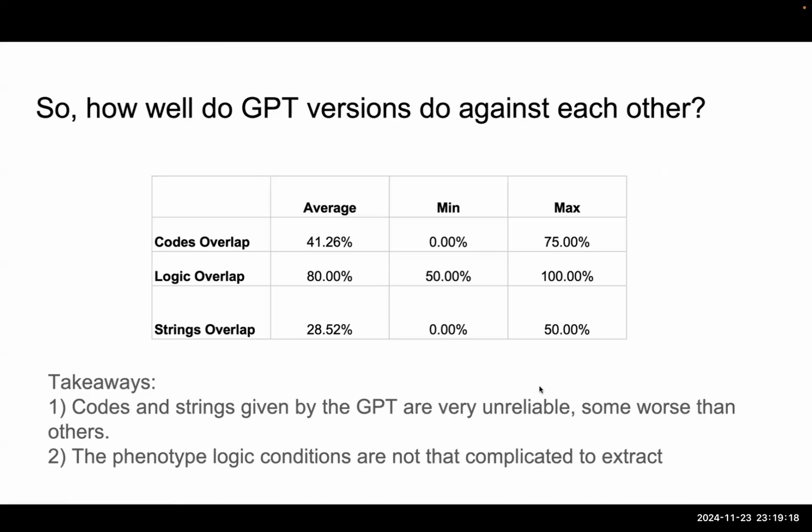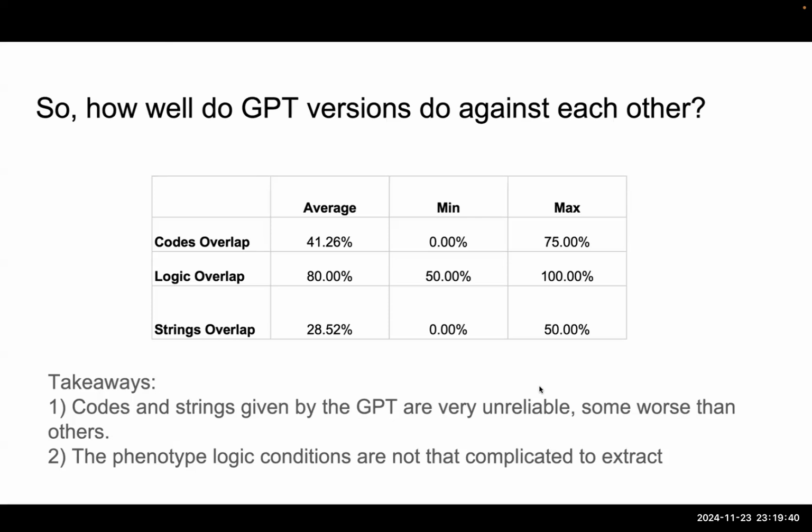So the first part of our result was to see how well GPT versions do against each other. Here, GPT models sometimes generate precise codes but struggle with textual strings, showing variability in outputs across iterations.